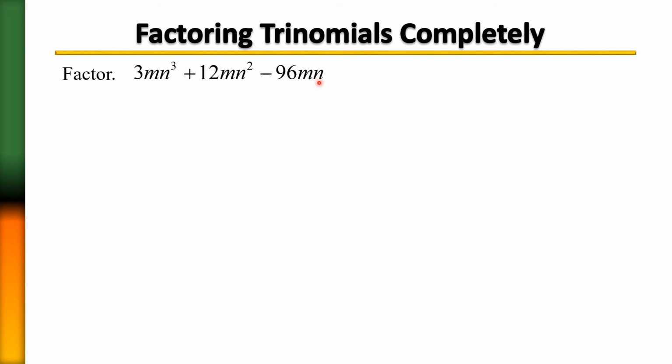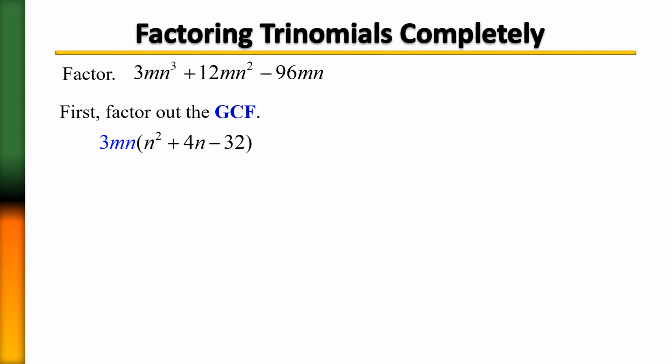Remember, you look at the least power, and that's a power of 1. So you know everybody has at least a power of 1. So my GCF then is going to be 3mn. And recall, when factoring out the GCF, it goes on the outside, and whatever is left goes in parentheses behind it.